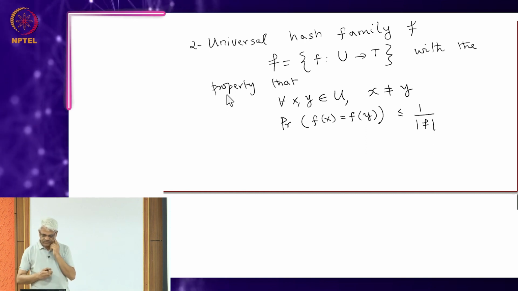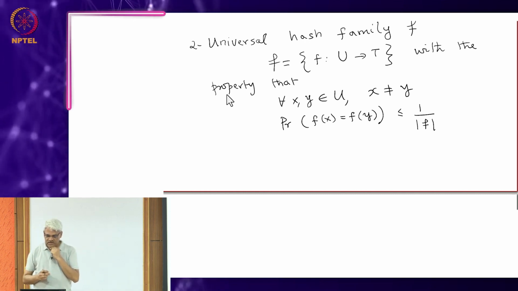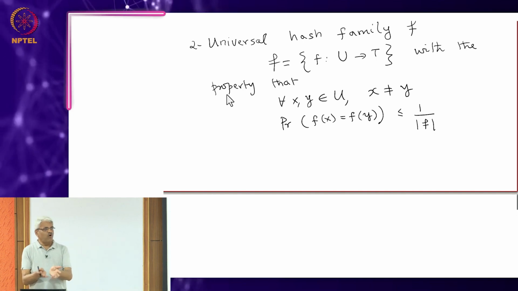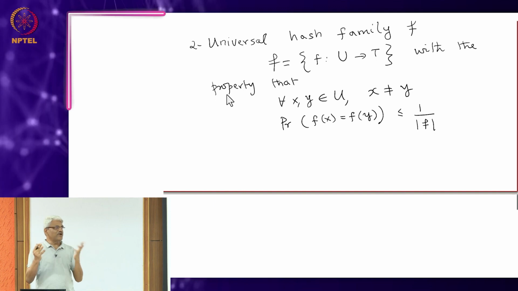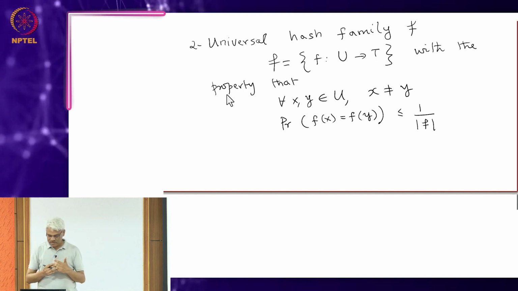Yes, it is. What is this probability over? The moment I say probability, you should ask me what is the random experiment you are doing. So what is the experiment?